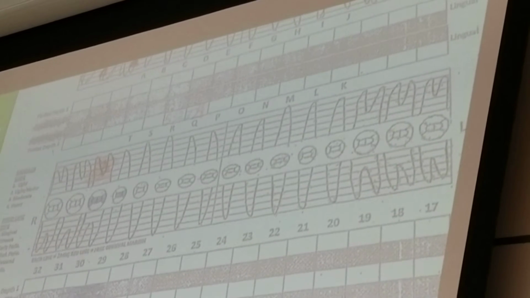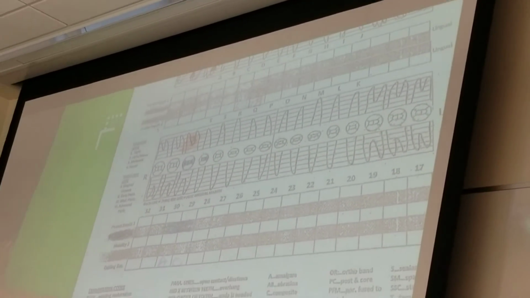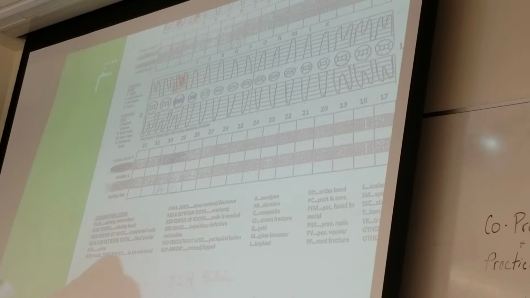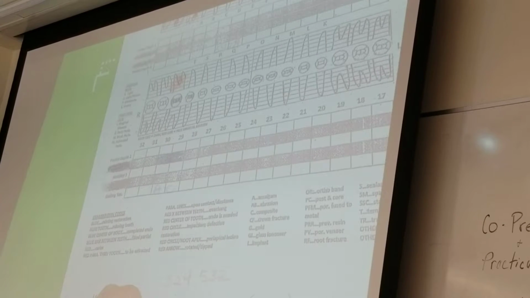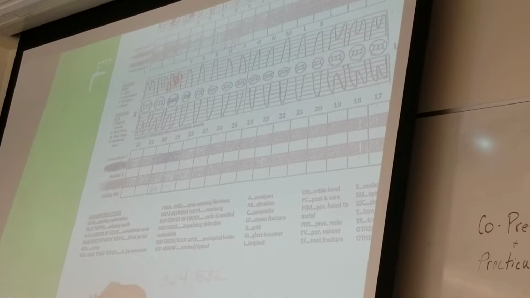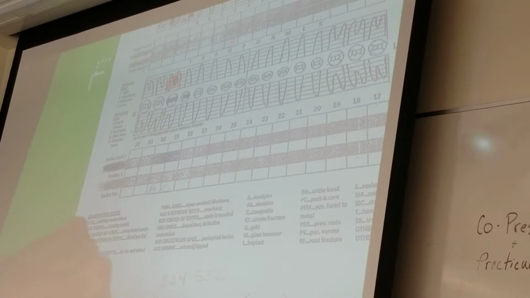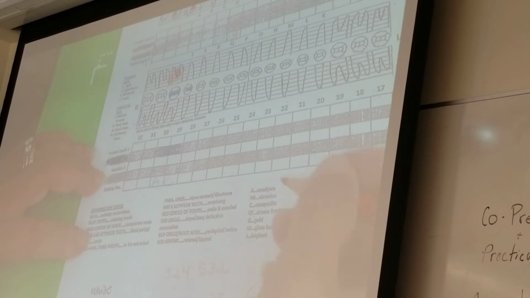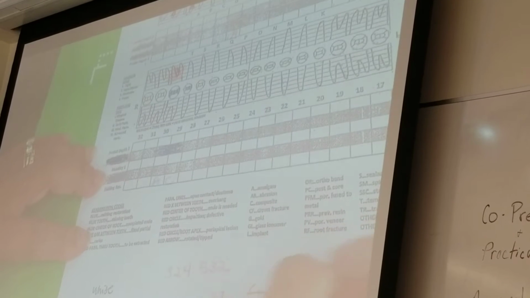Okay, now, I have a question before we move on. So if it were to be buccal, it would be the other way around, correct? So it would be 3, 2, 4 and 5. Well, no, let's say this was buccal.